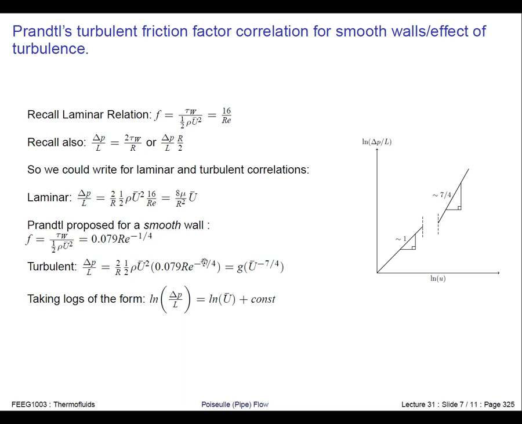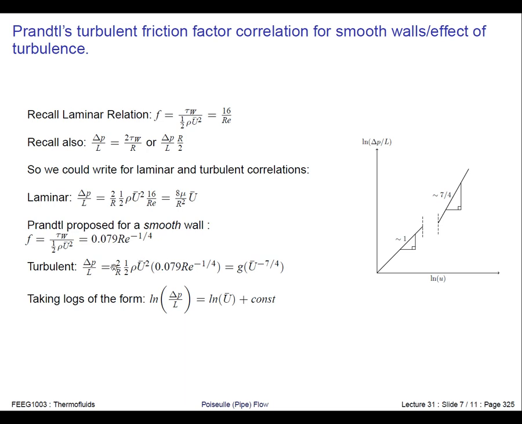So when we do this for a turbulent wall, we don't know what the relationship between the wall shear stress and the Reynolds number is. We have to do an experiment, and lots of these have been done. If it's a smooth wall, a classic relationship is the one proposed by Prandtl, who found that the friction factor is a function of the Reynolds number to the minus a quarter.